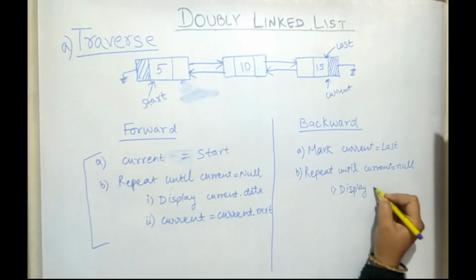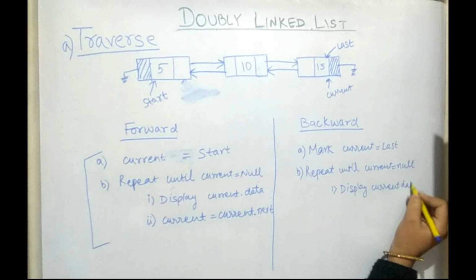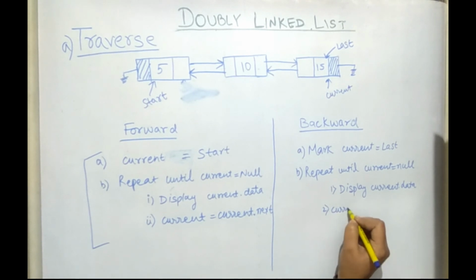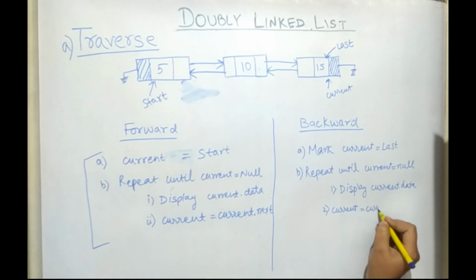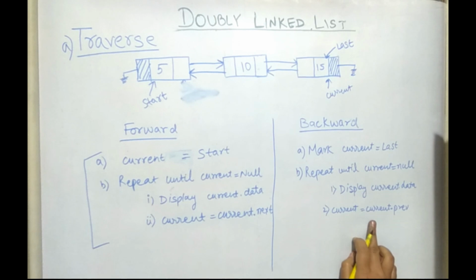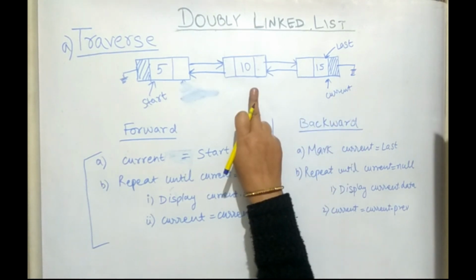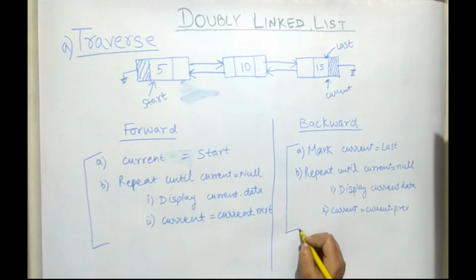Display the data in the current node, so display current dot data, and second, move current in the backward direction, means current equals current dot previous, right? So this leads to current now pointing to current dot previous, means it will go in the backward direction. These are the only steps to move in the backward direction.